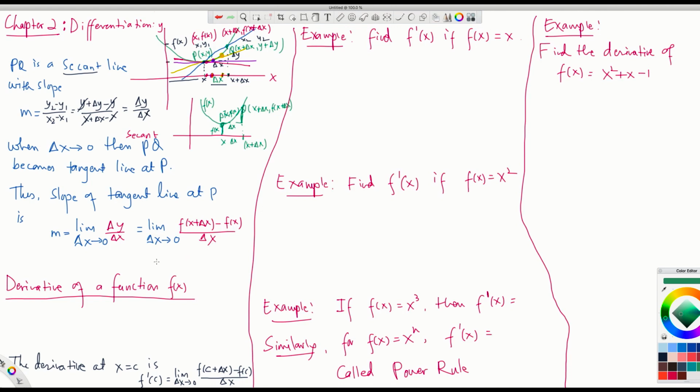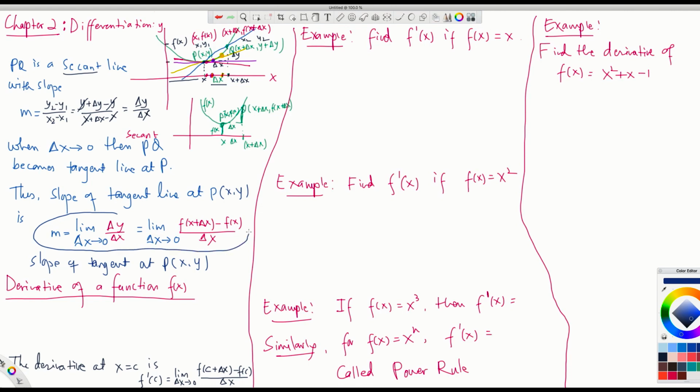This is another way of writing the slope of the tangent line at a point P(x, y). This formula gives you the slope of the tangent line.